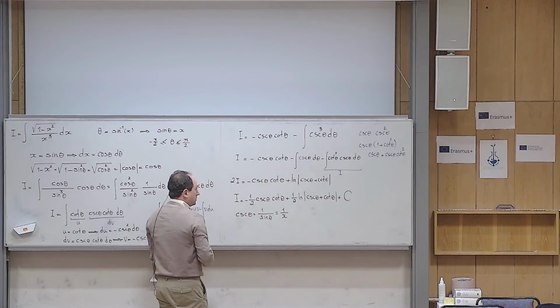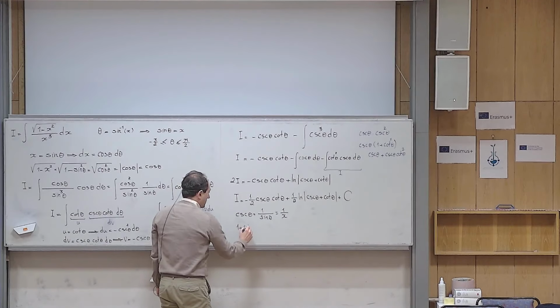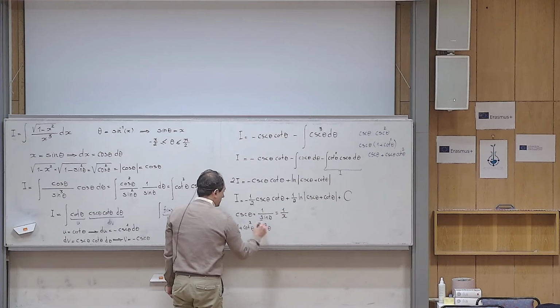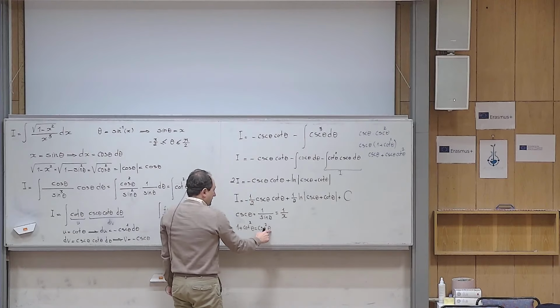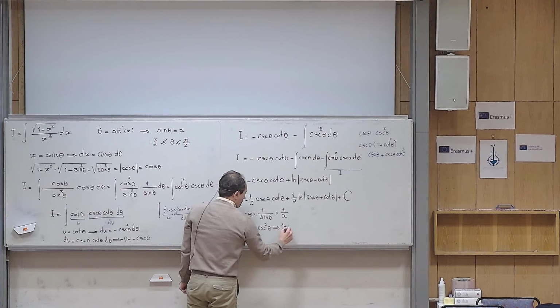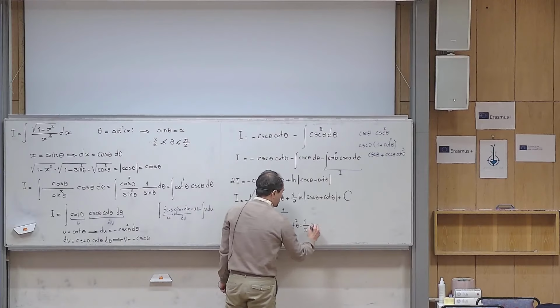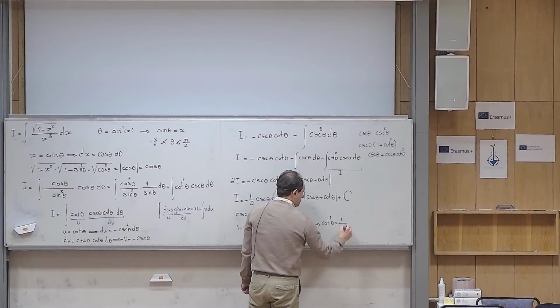But if I ask you what cotangent theta is, we have this formula that 1 plus cotangent theta squared is cosecant theta squared. I just used it there. Okay, what is cosecant theta? It is 1 over x, so this is 1 over x squared. So it becomes 1 plus cotangent theta squared is 1 over x squared. But I am looking for cotangent theta squared, so I move 1 to the other side. Yes, it becomes 1 over x squared minus 1.